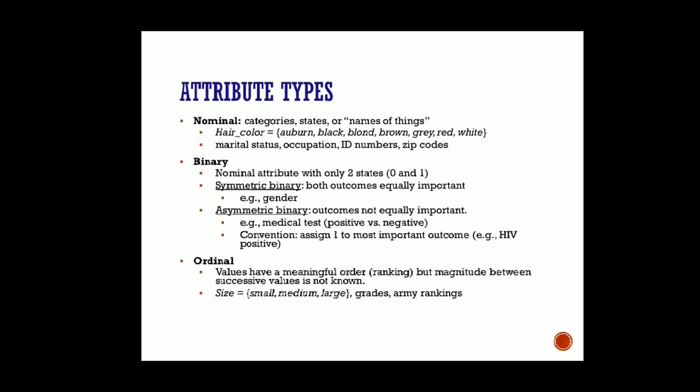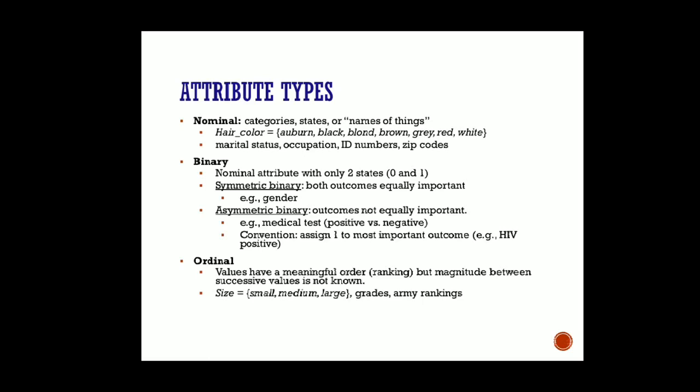You can see here, nominal means what? Categories, states or names of things. If we focus on this category, marital status can be an example. Okay, some may fall under the married category, some under unmarried, some under divorced or whatever.